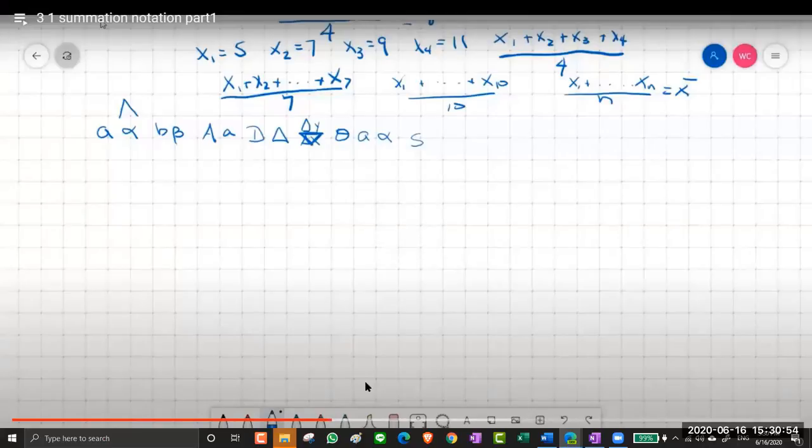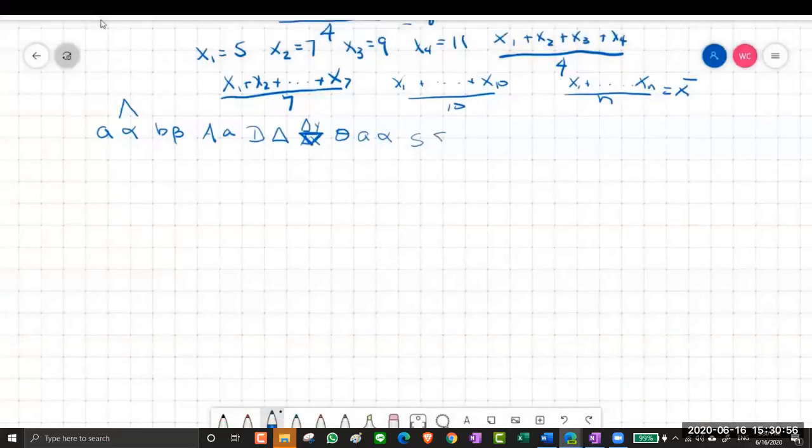Everyone's probably seen this, and that is a Greek S. We call it sigma. So if you wanted to spell a word, this is an S, this is an A, and this is a B.